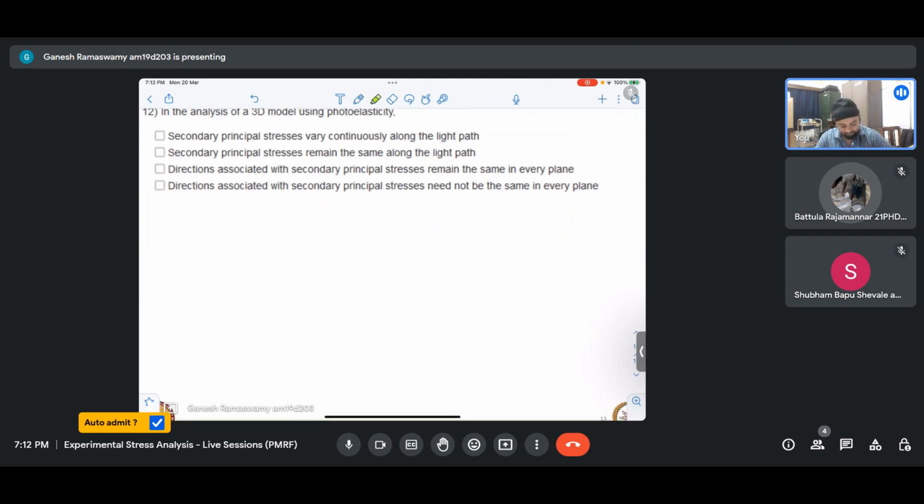In case of a 2D model, whatever we see for plane stress or plane strain, the stresses are maximum in that plane only. So sigma 1 and sigma 2 that we see, assuming that both are positive, are real in that plane.